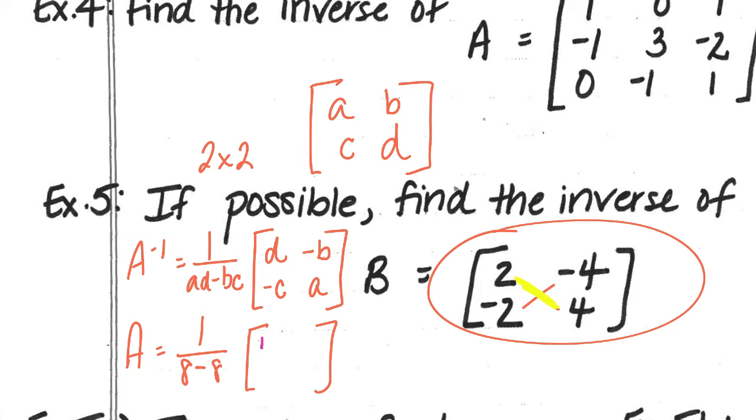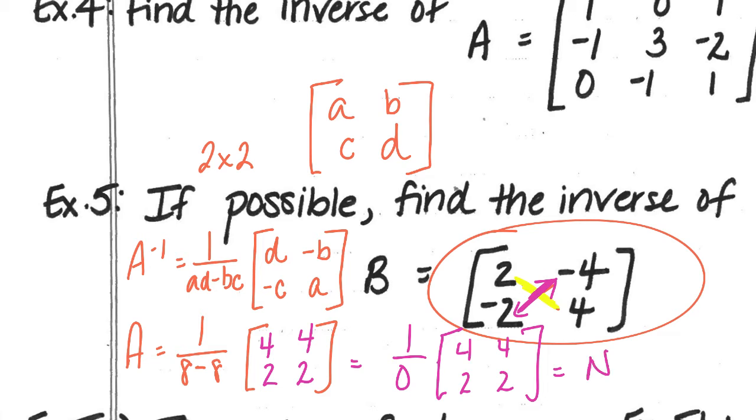So I'm going to put the 4 here and the 2 here, and I'm switching the signs of the B and the C. So it will be a positive 4 and a positive 2. Now, unfortunately, we get 1 over 0, and we know that anything with a 0 in the denominator cannot work, so it looks like this one will have no solution.